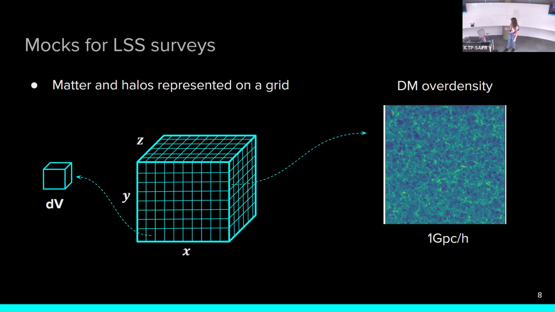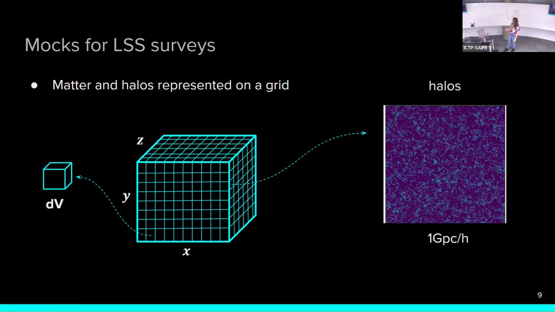Each of these cells, the boxes here, like the 3D pixels, refers to a definite volume, a box like this, okay? Then you have the halos and you represent them in the grid.